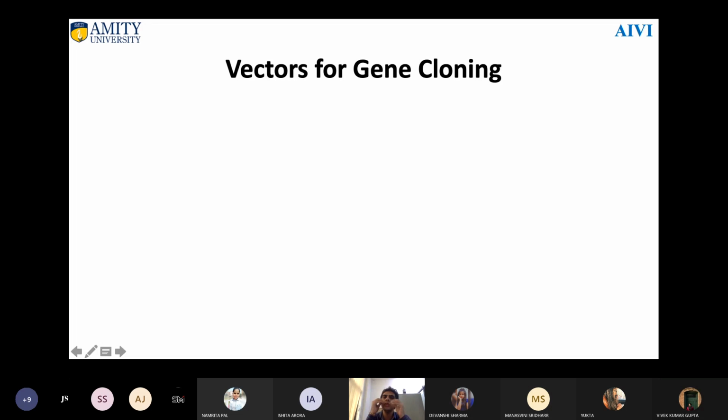Okay, so here the term we are saying is vector for gene cloning. First, simply think. All of you have studied this, and I think many of you have uploaded it on MS Teams as part of your laboratory work.